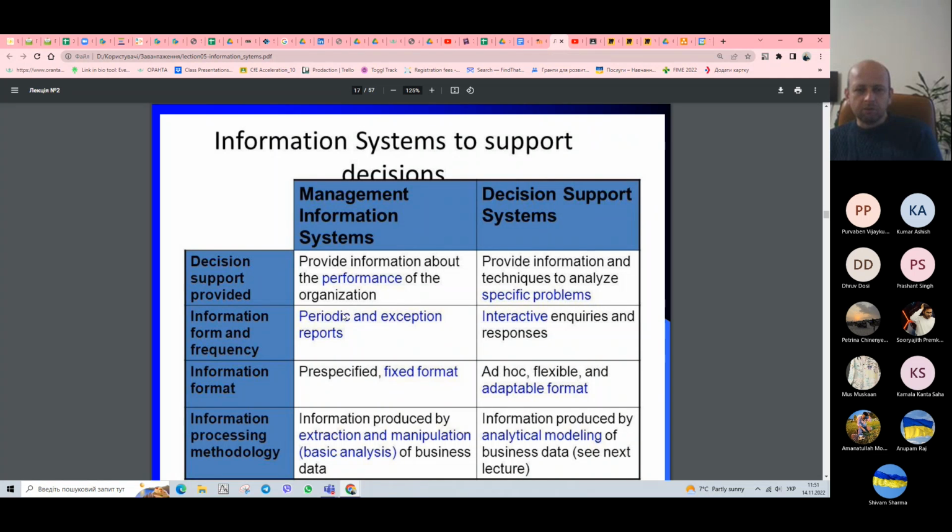A decision support system provides information and techniques to analyze specific problems, with interactive inquiry and response, ad hoc, flexible and adaptable information, produced by analytical modeling of business data.